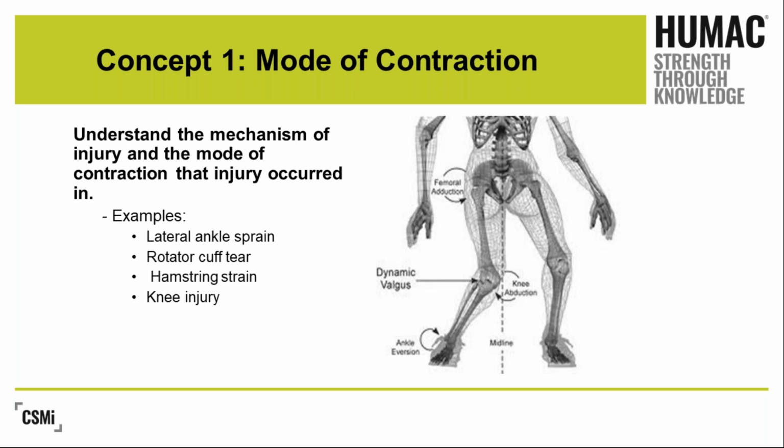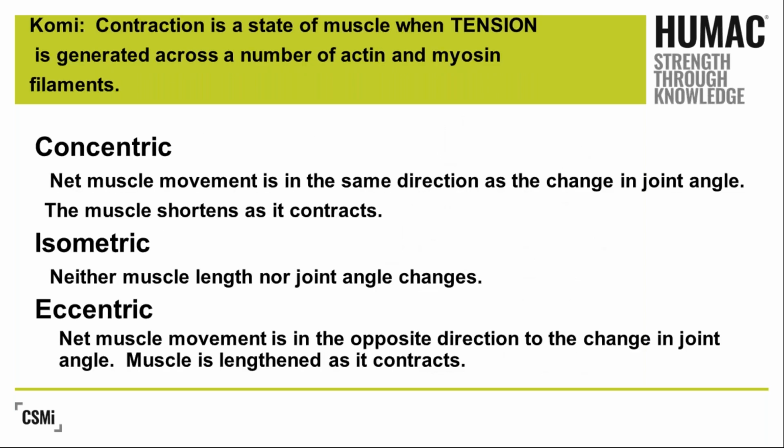How about knee injuries? I'll challenge you that non-contact ACLs have a quadricep component. We know patellar, infrapatellar tendonitis, jumper's knee, is an eccentric loading problem. How about lateral epicondylitis, medial epicondylitis, and Achilles tendonitis? Anything with tendonitis typically has an eccentric deficit associated with it.